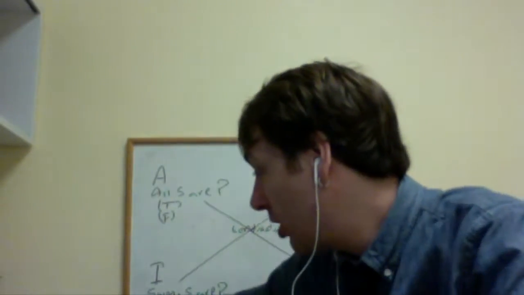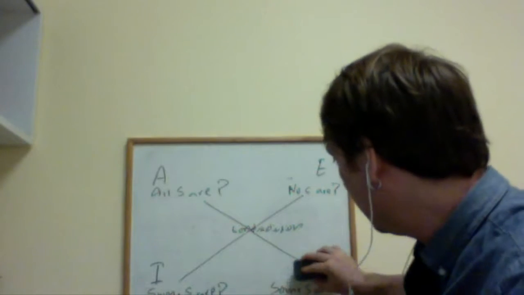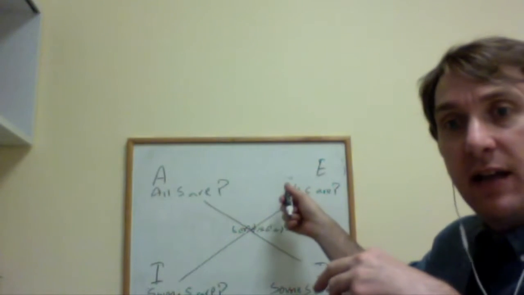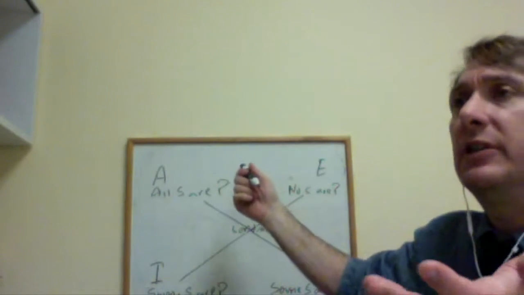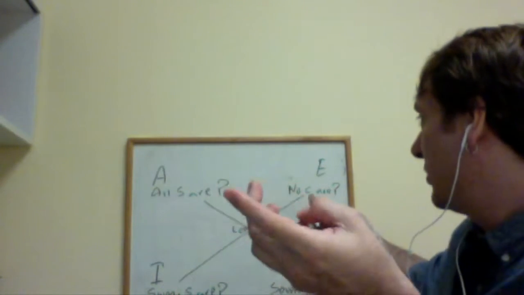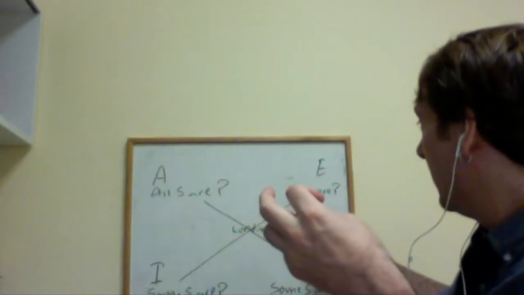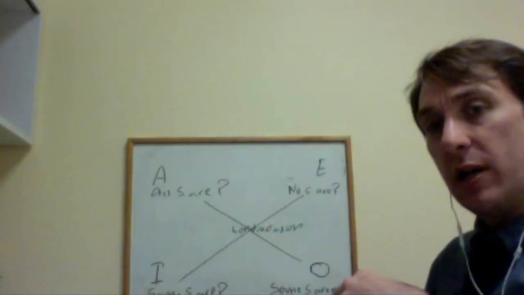And so a contradiction here goes from side to side, and contradictions are defined as where you know the truth value of one, it entails the opposite truth value for the other one. And so the A and O sentences are contradictory, whereas the E and I sentences are also contradictory.